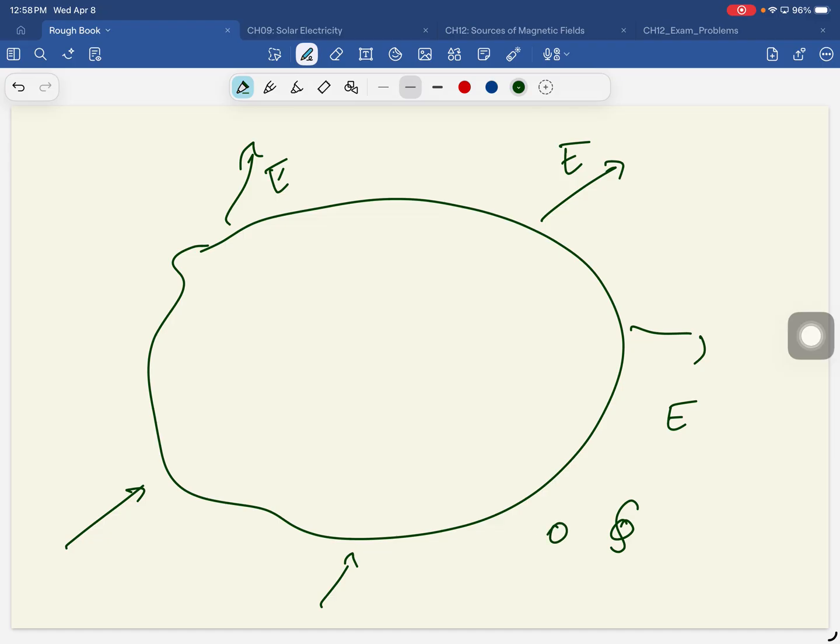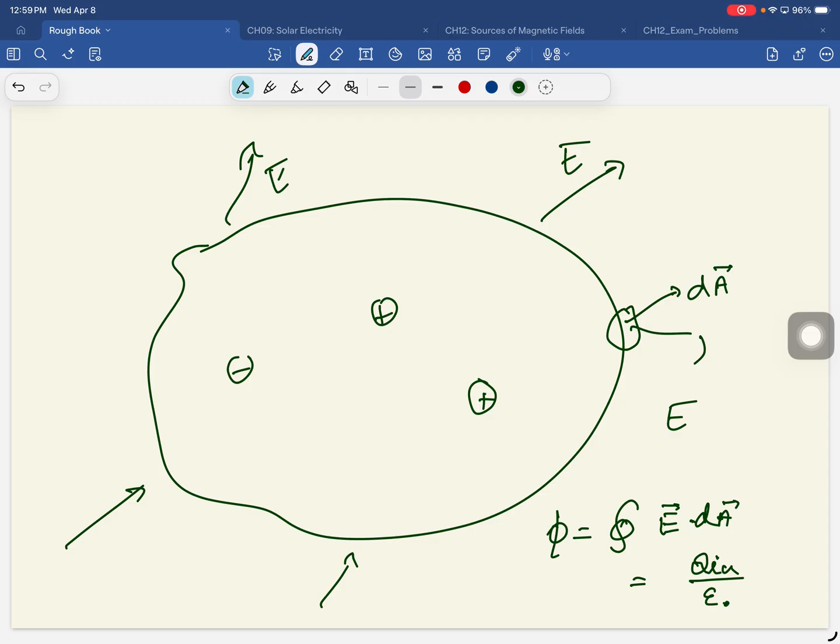The flux through an enclosed surface, which was the integral of E dot dA, was equal to the charge inside divided by epsilon naught. That was Gauss's law.